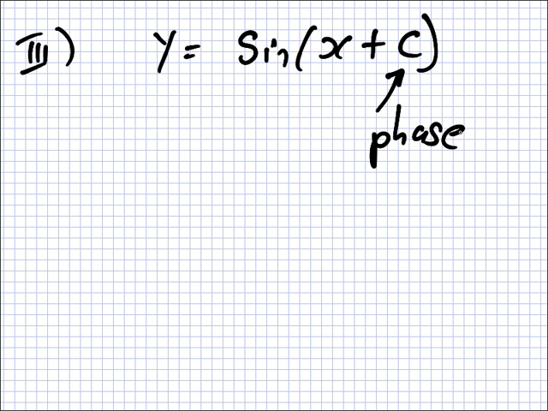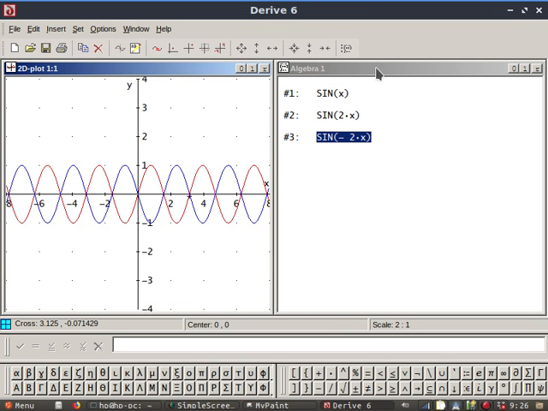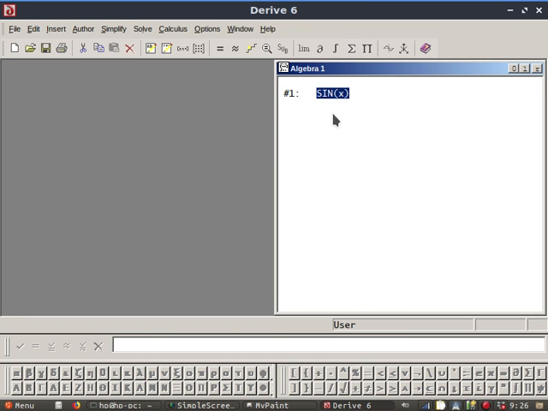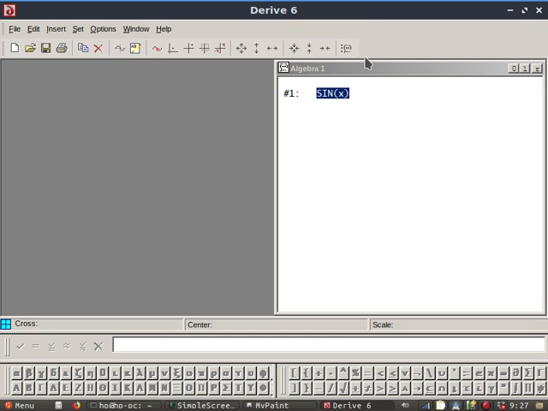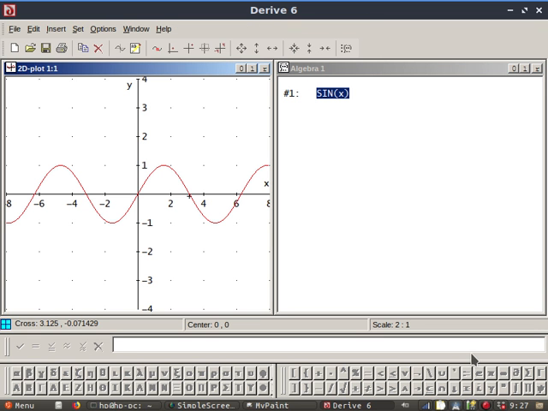Shift, very good. Which direction? X or Y? In this case, X. So, let's take an example. Suppose I have sine x plus, let's say, pi over 4. What will be the effect here?